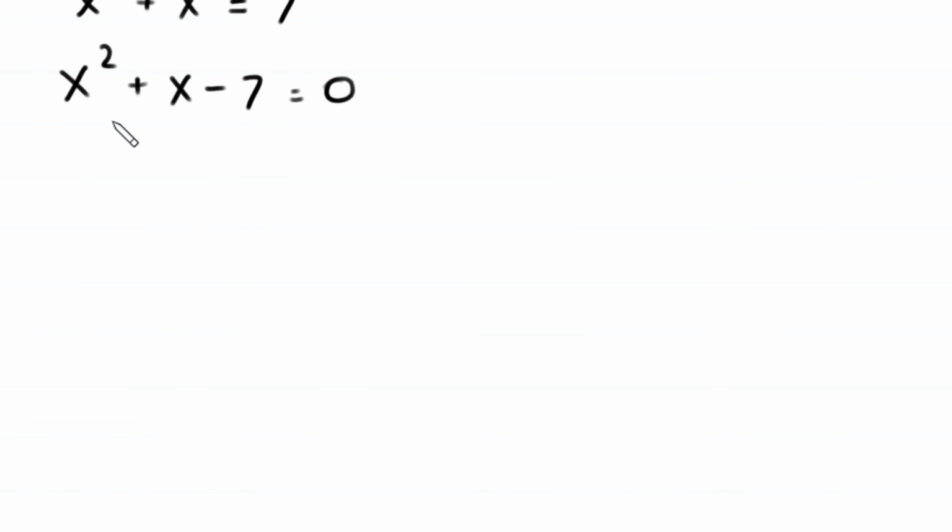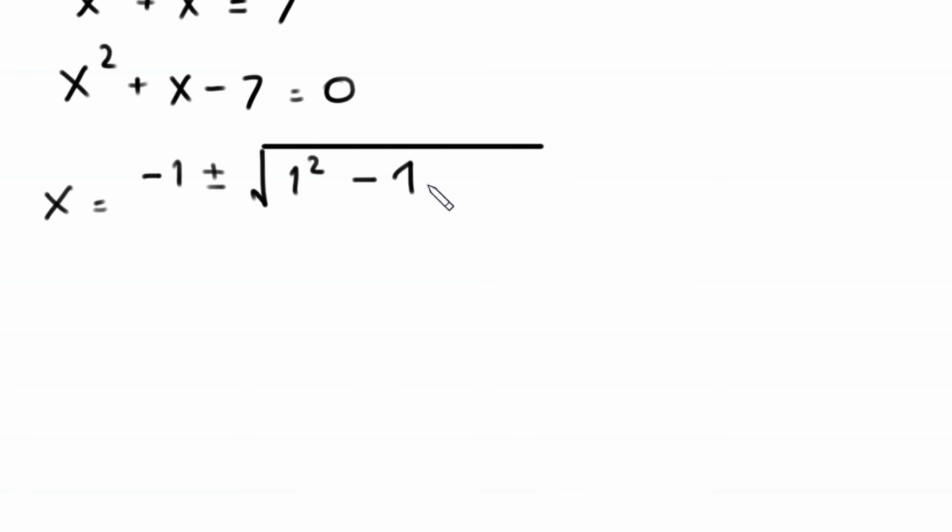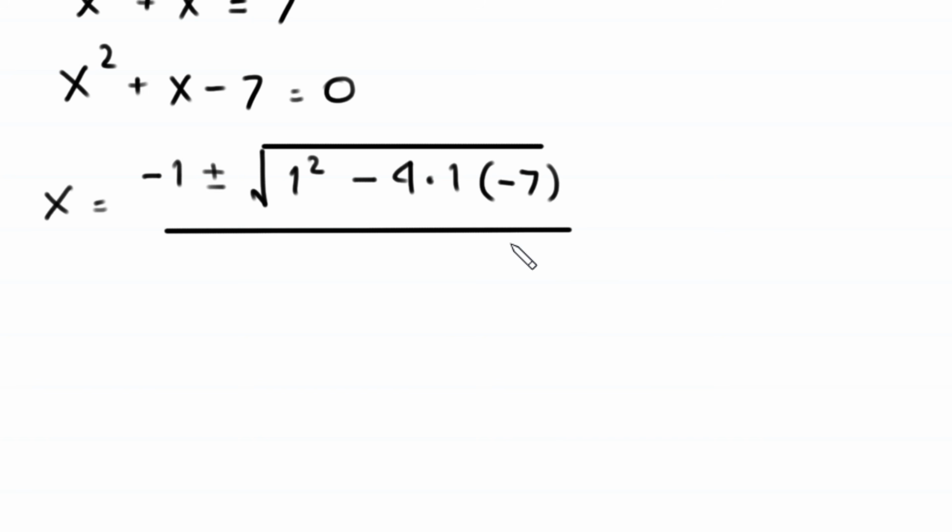This quadratic equation is not factorable, so we solve it by the quadratic formula. According to the quadratic formula, x is equal to negative b, which is 1, plus or minus the square root of b squared, so we write 1 squared, minus 4 times a, which is 1, times c, which is negative 7, divided by 2 times a, which is 1.